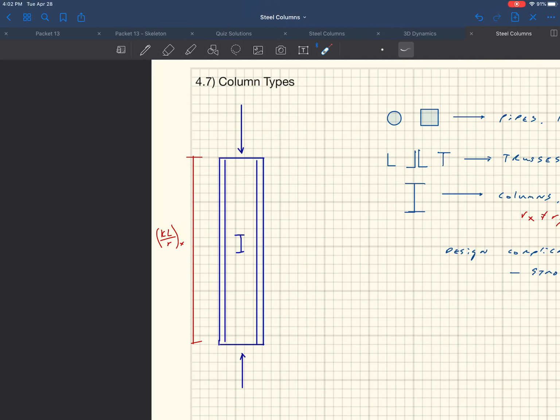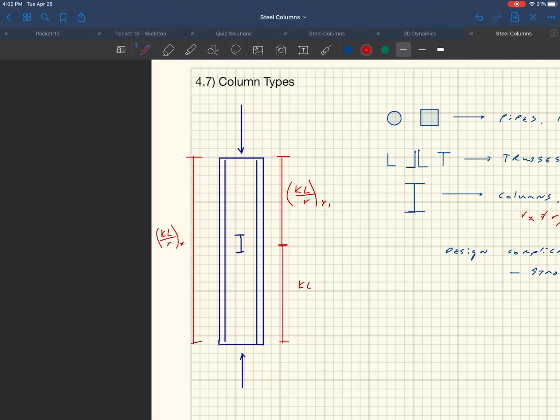Okay. Now, in terms of the Y direction, that's this. This would be KL over R. Okay. And then I'm going to call it Y1, right? The way I have it drawn right here, they're going to be the same, but there could be a case where it would be different.